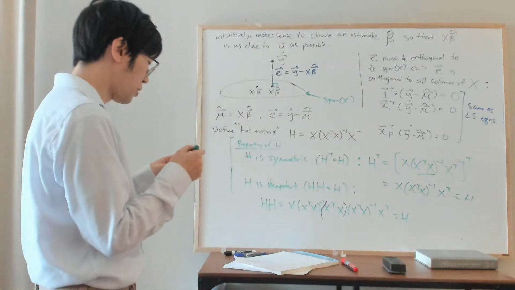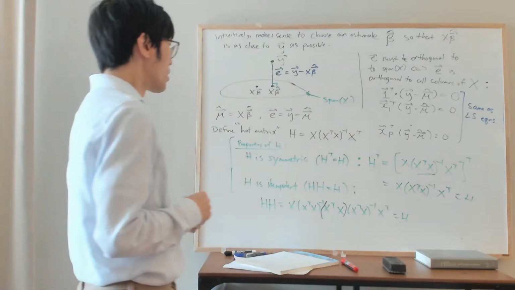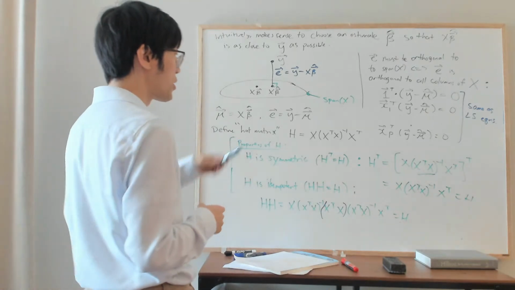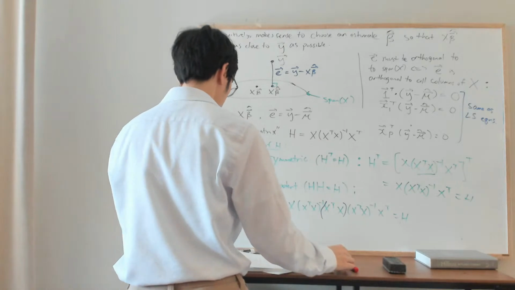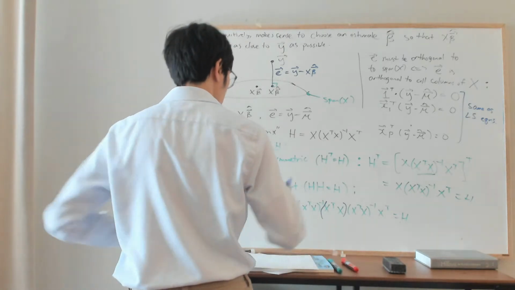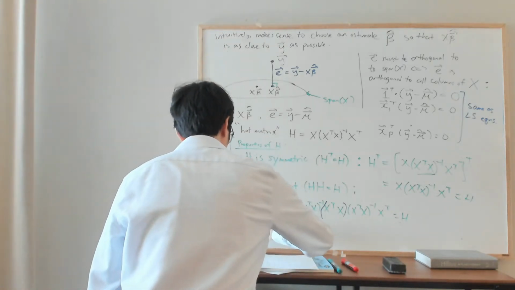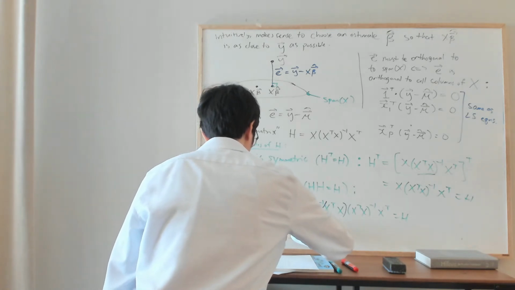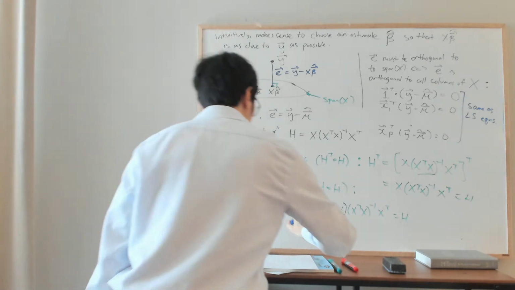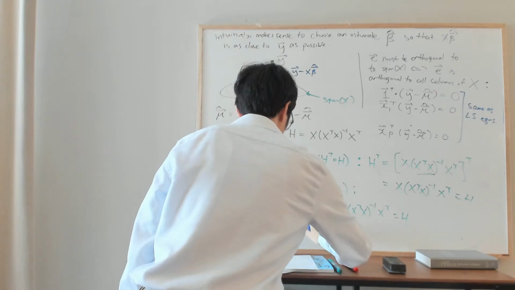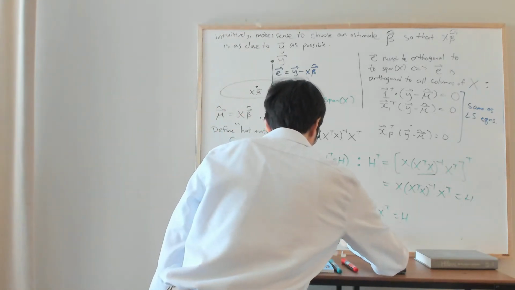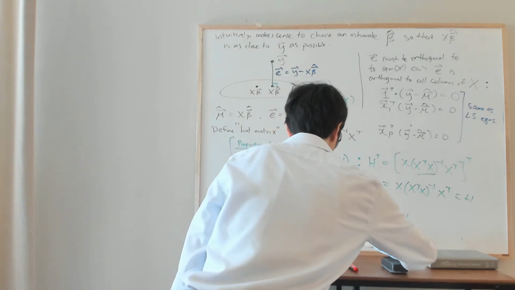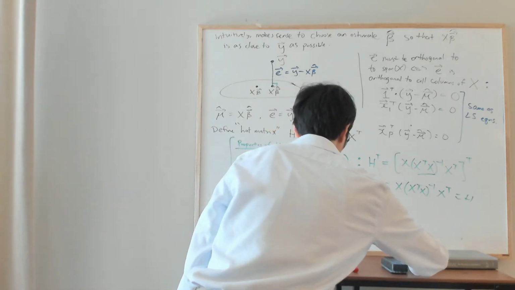So this hat matrix has these two properties, and we can easily verify that if I take the identity minus H, it is also symmetric and idempotent.